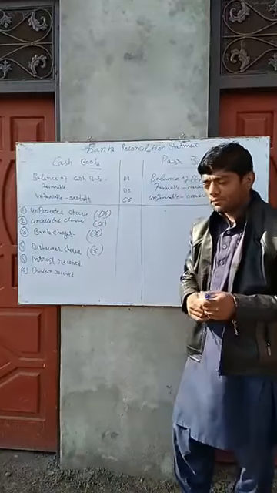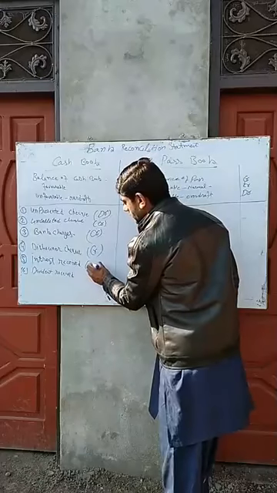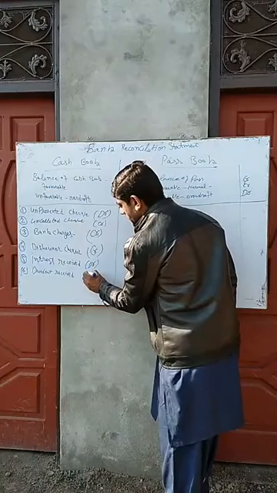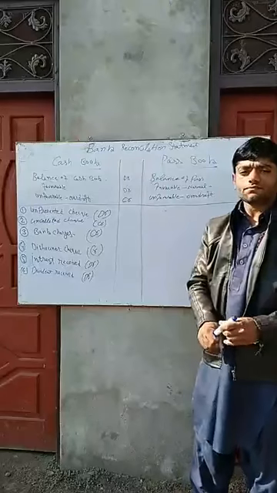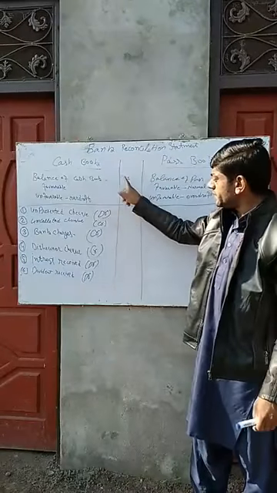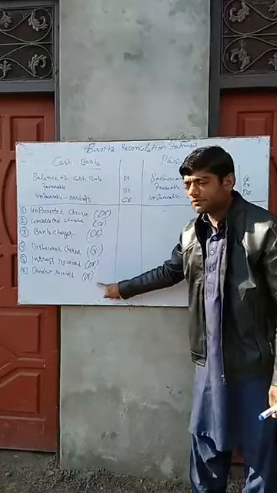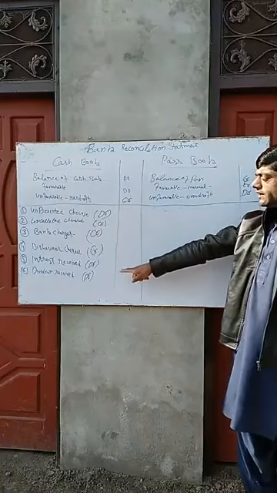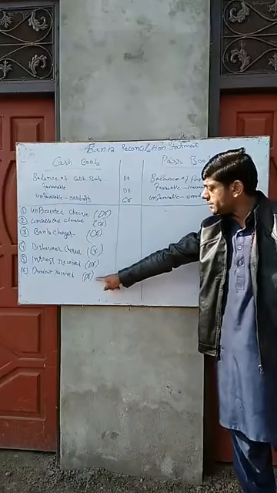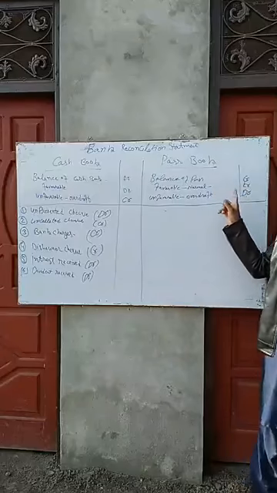So the balance of this should be a debit balance. If the cash book balance is debit, it is also debited in the cash book, and if the cash book balance is credit, then it is subtracted from the cash book.